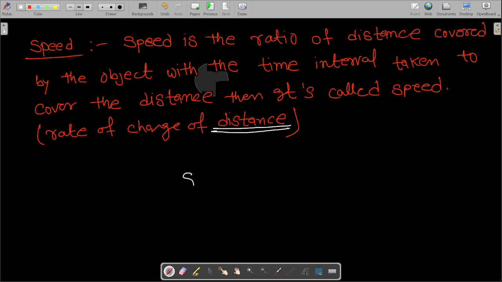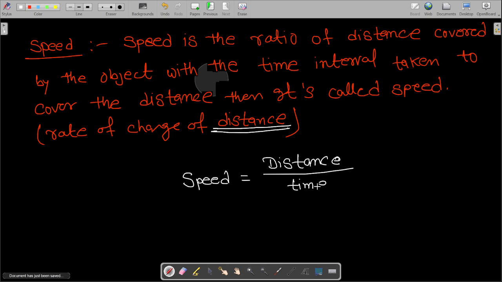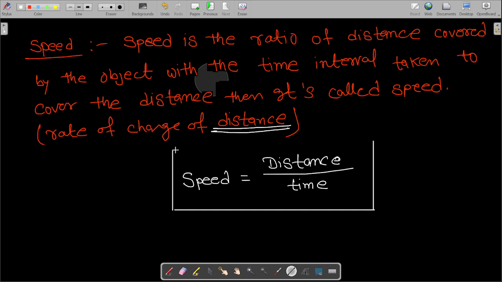So we can write that speed is equal to distance upon time.